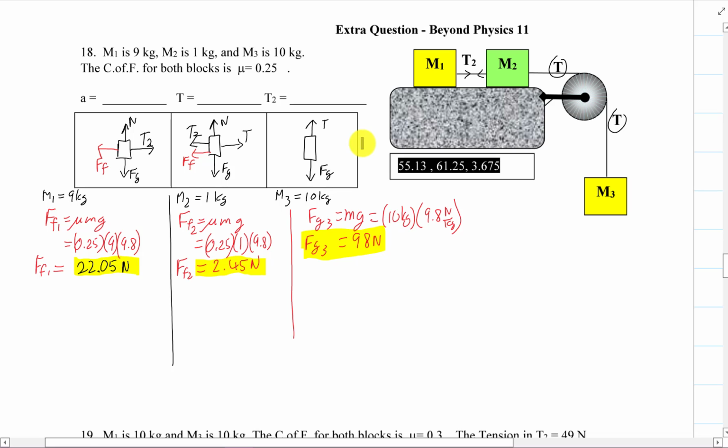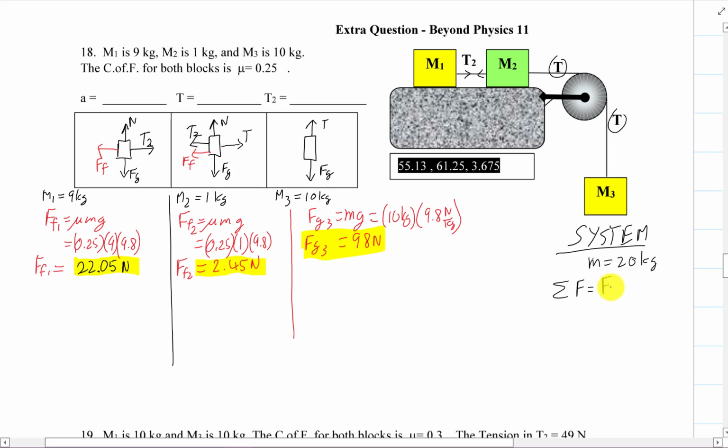Okay, let's look at our system. The system as a whole has a mass of 20 kilograms. 1 plus 9 plus 10. Let's look at the sum of the forces acting on the system.